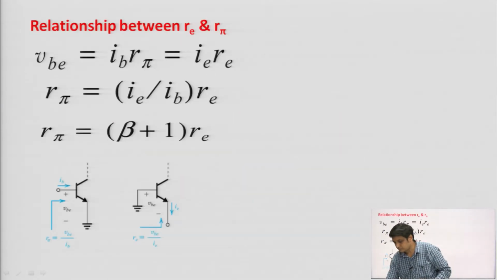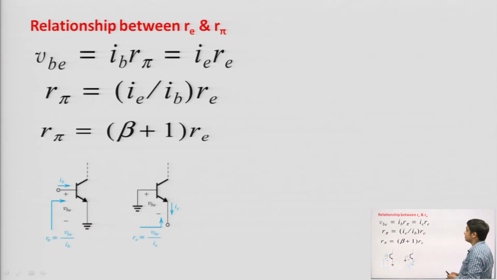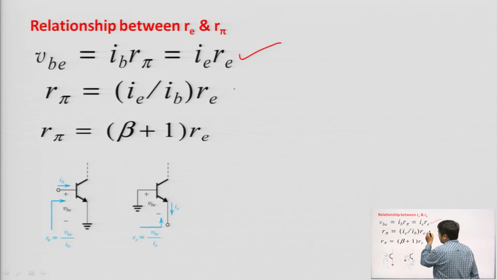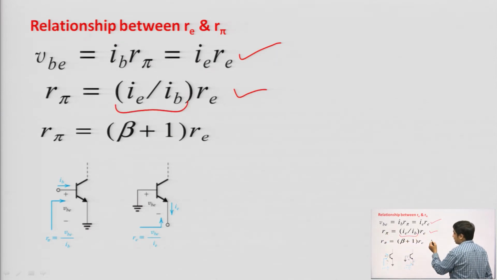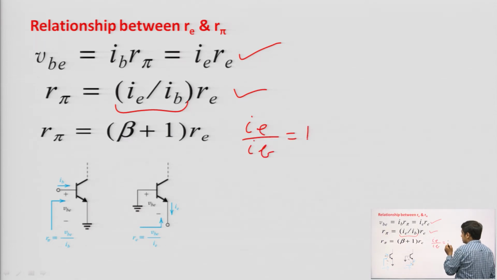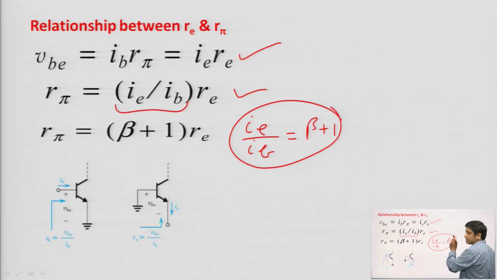Next one is the relationship between R e and R pi, simple mathematics. We know the value of V b, from here we can get the relation between R pi and R e. Now, what is I e upon I b? The relation between I e and I b is beta plus 1. There are a few basic relations we should remember.